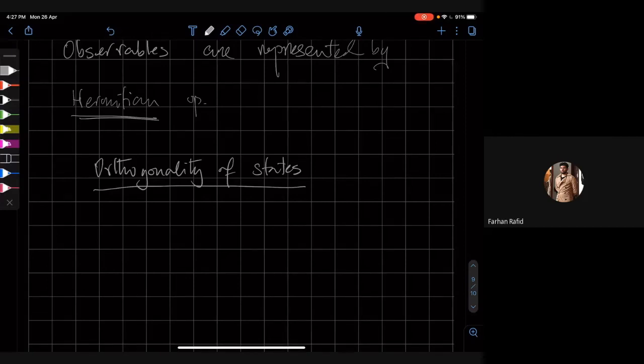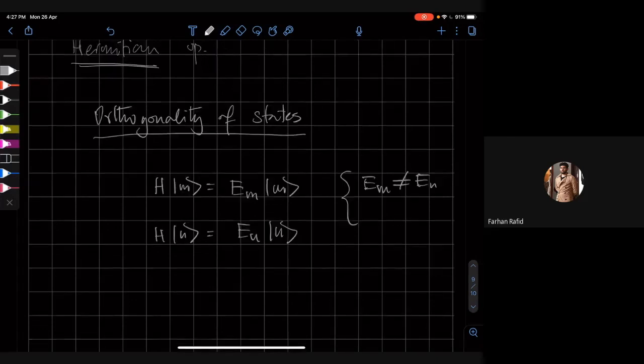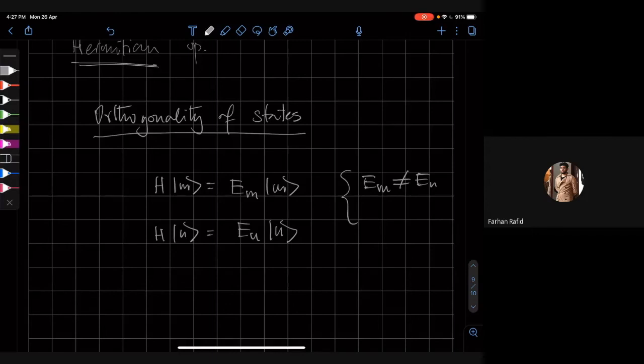So what do I mean? Say H is a Hermitian operator, and m is an eigenstate belonging to the eigenvalue Em, and n is another eigenstate belonging to an eigenvalue En, such that Em is not the same as En. Then we can show that the states n and m are orthogonal, meaning that their inner product is 0.